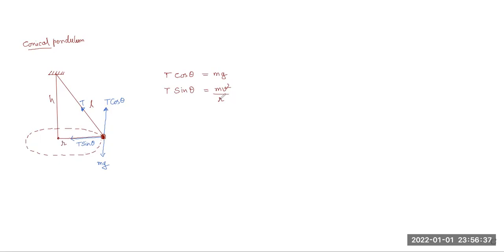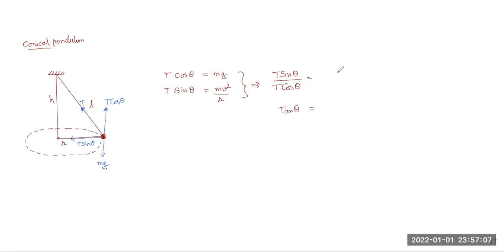So what happens if we calculate T sin theta divided by T cos theta? T and T get cancelled, and we are left with tan theta on the left hand side.